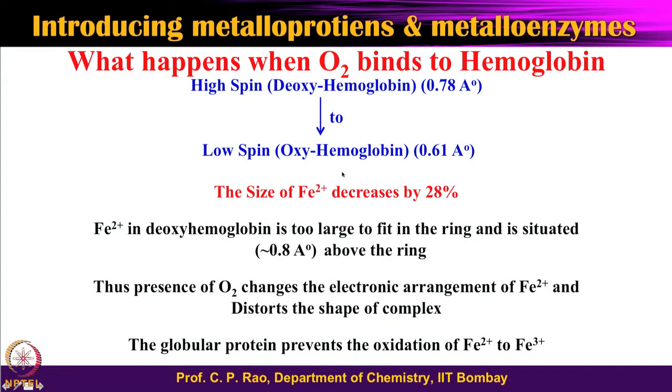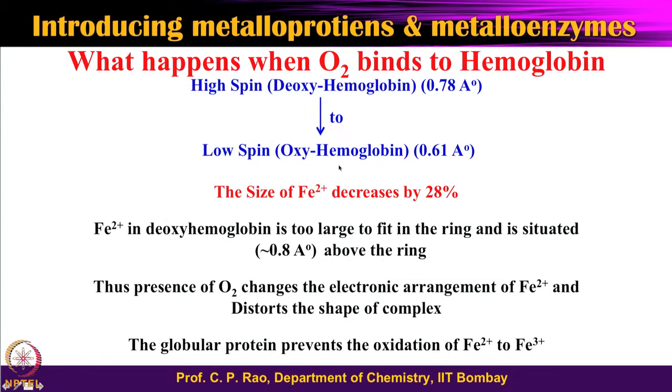So, it is not because of ligand field strength. When this is bound, some conformational changes come, and these conformational changes indeed favor the low spin configuration of the electrons in the d system rather than the high spin. It is not that the oxygen has suddenly become a strong field ligand. No, that is not true.